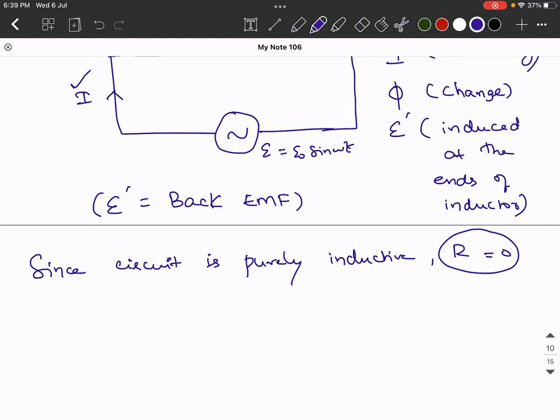Okay, because there is no resistor connected. So though the wire is bent in the form of a circle and has resistance, inductance will dominate the resistance. So we are saying resistance of the circuit is zero. In this scenario, what can happen is the input EMF will be equal to the back EMF.